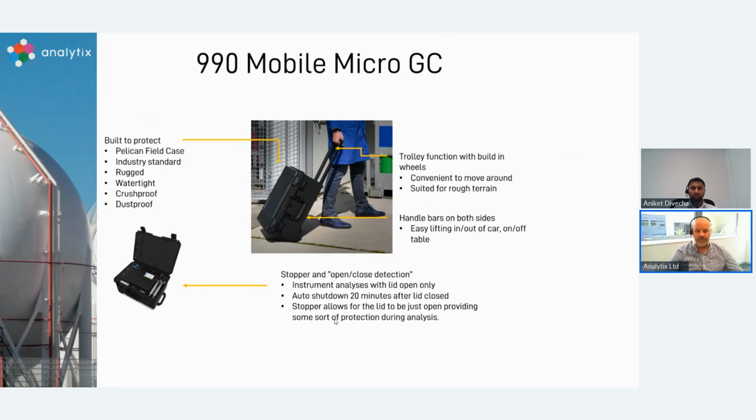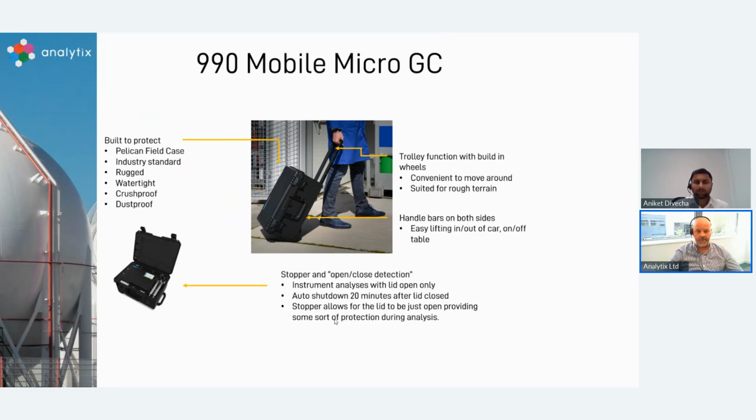It's got a trolley function, so it's got wheels and convenient handles. It allows you to lift things in and out easily, whether you're going in and out of the car or from site to site. And as people will know, if you've worked with Pelican cases, these are very, very rugged, watertight, crush-proof, dust-proof. The micro GCs have been drop tested as well. There are a lot of instruments that will go out offshore.